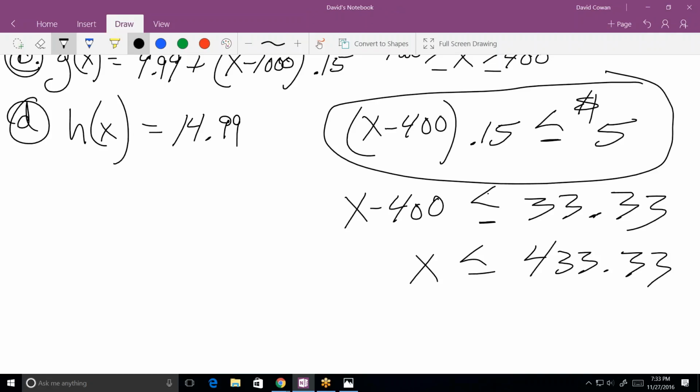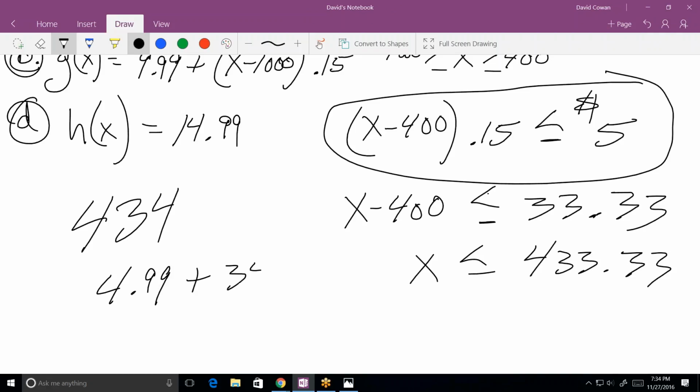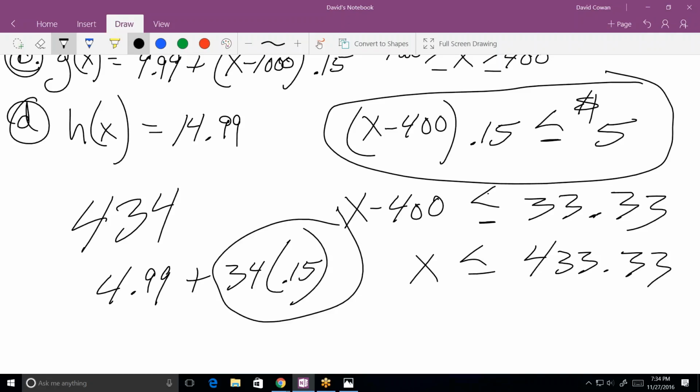If x is 434, then you would pay $4.99 plus 34 times 0.15, and that number is greater than $5. That number is 34 times 0.15, that's $5.10.